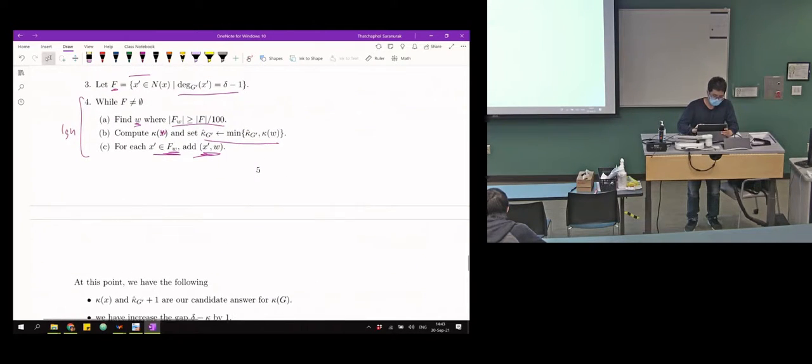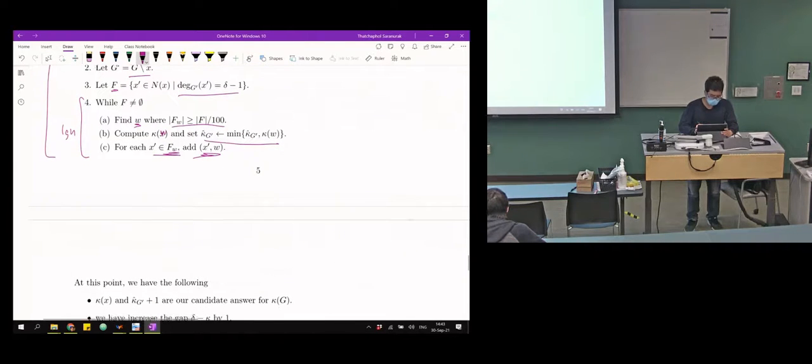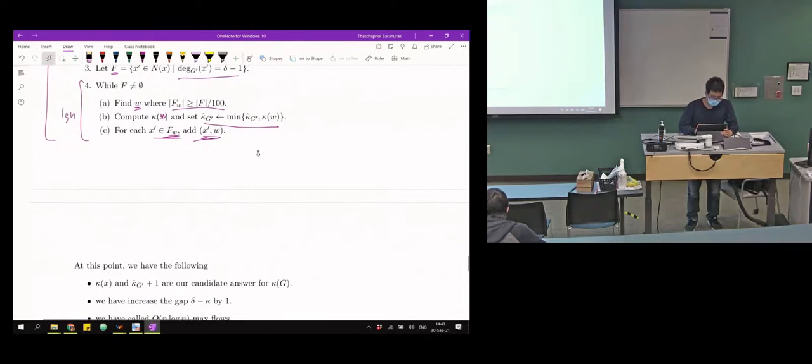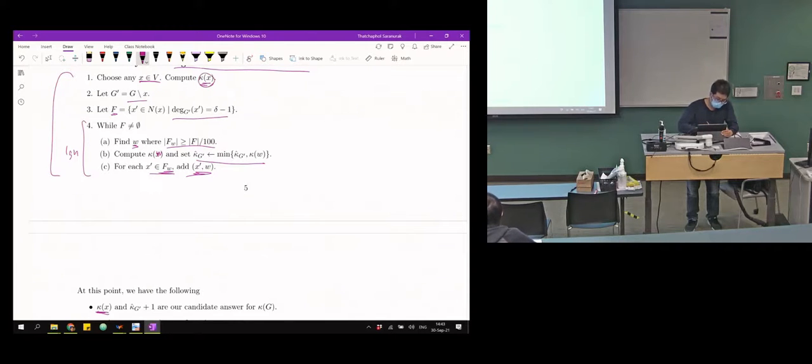So if you have done all this, you know that at this point, the kappa X that you have computed here and the best cut from kappa W, but you need to add 1 because this is the graph after you remove X, are the candidate answers for your kappa.